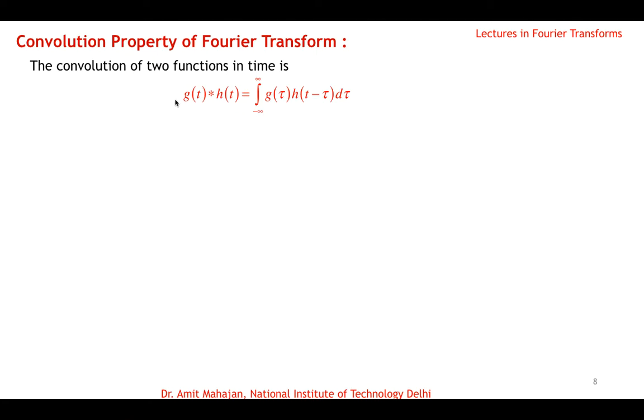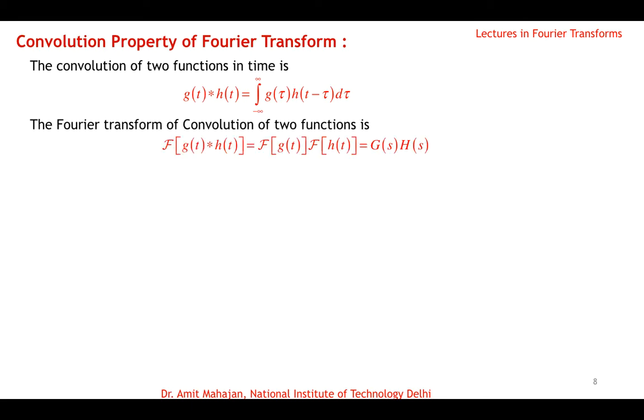So if we take the Fourier transform of the convolution of functions, then the Fourier transform of the convolution of g and h is equal to the product of their Fourier transforms. Here the first product is a convolution product, but here it is a simple product.